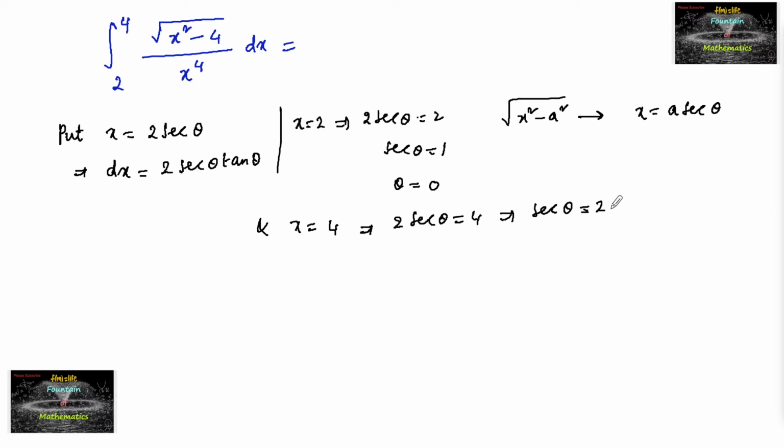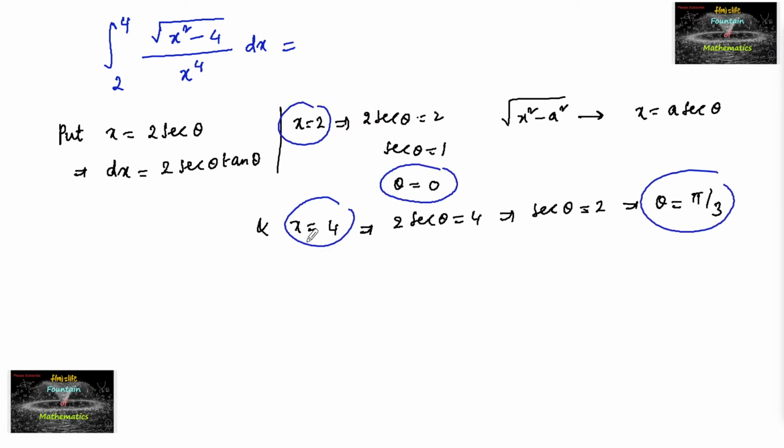So secant theta is 2 means cos theta is 1 by 2, so we will be getting theta equal to 60 degrees, that is pi by 3. So when x is equal to 2, theta is 0. When x is equal to 4, theta is pi by 3. So the limits are changing from 0 to pi by 3.